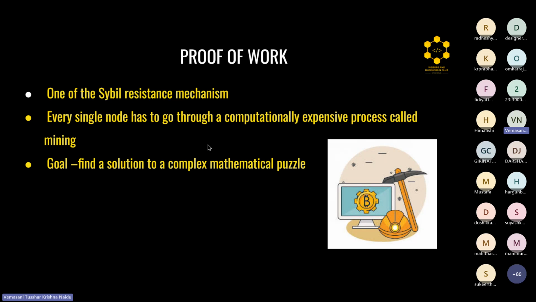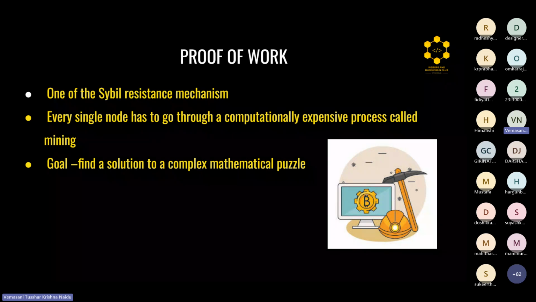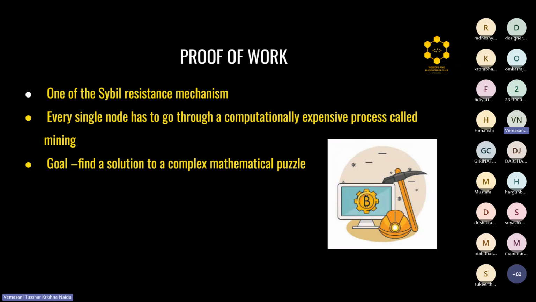But what if there are 10 nodes? What if there are 20 nodes, 1,000 nodes, 2,000 nodes? In that case, the computational expense goes astronomical. You can't compete with the network unless you have 51% of the whole computational resources of the network.